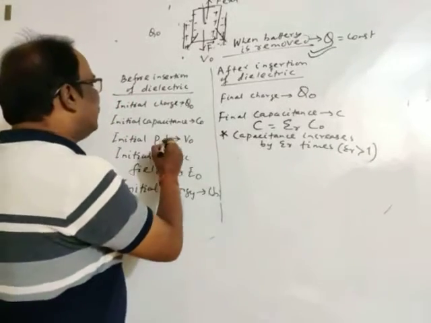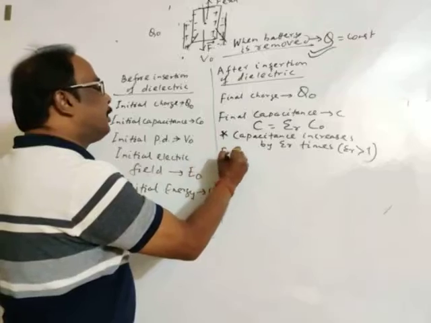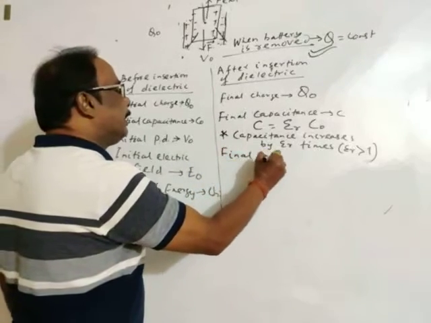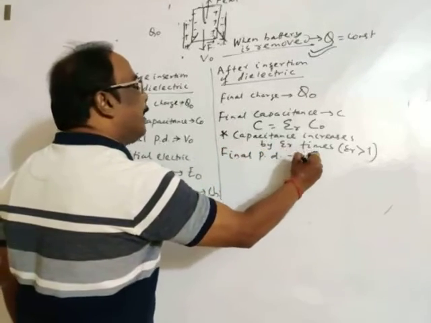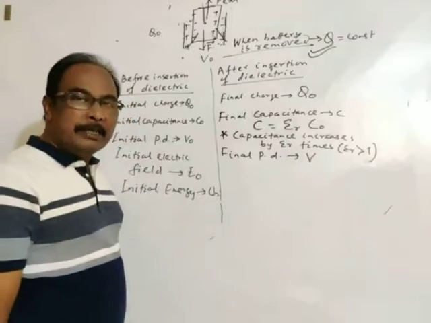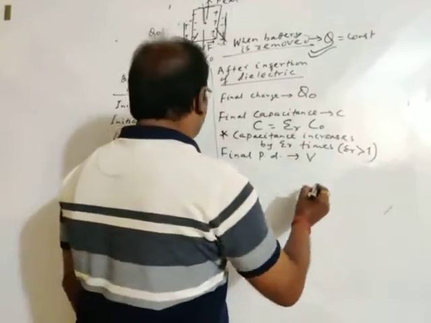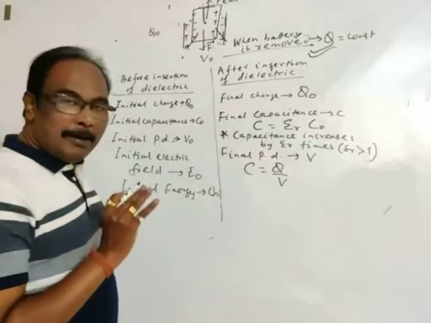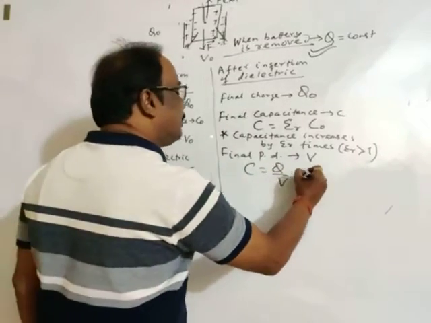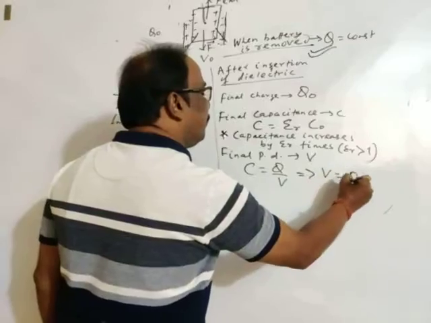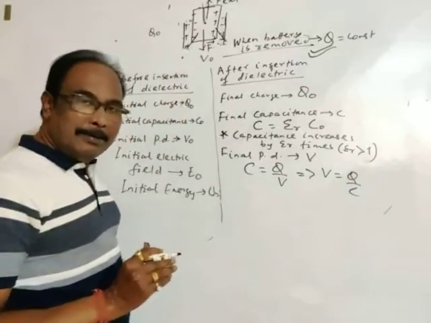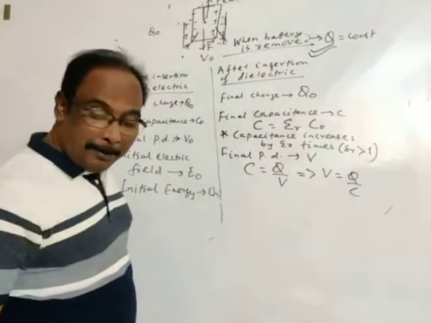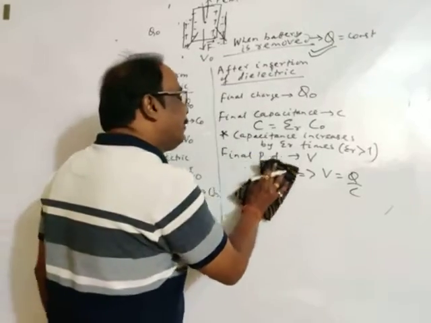Then about the final potential difference. Let the final potential difference be V. You know capacitance is equal to Q by V in general, so V is equal to Q by C. What will happen to V?